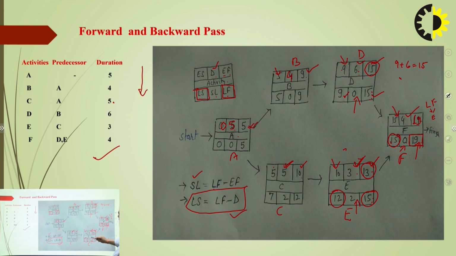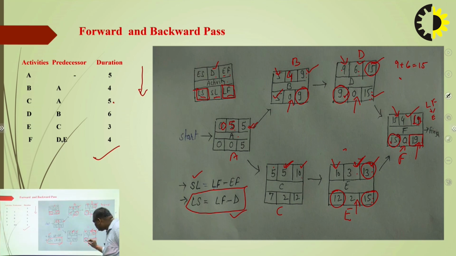So accordingly, for the E activity and the D activity, we find out the values of LS and LF. For the B activity, this 9 is the latest finish, and the difference between 9 and 4 is 5. That is the latest start of the B activity, and the float value of the B activity is 9 minus 9, that is 0.